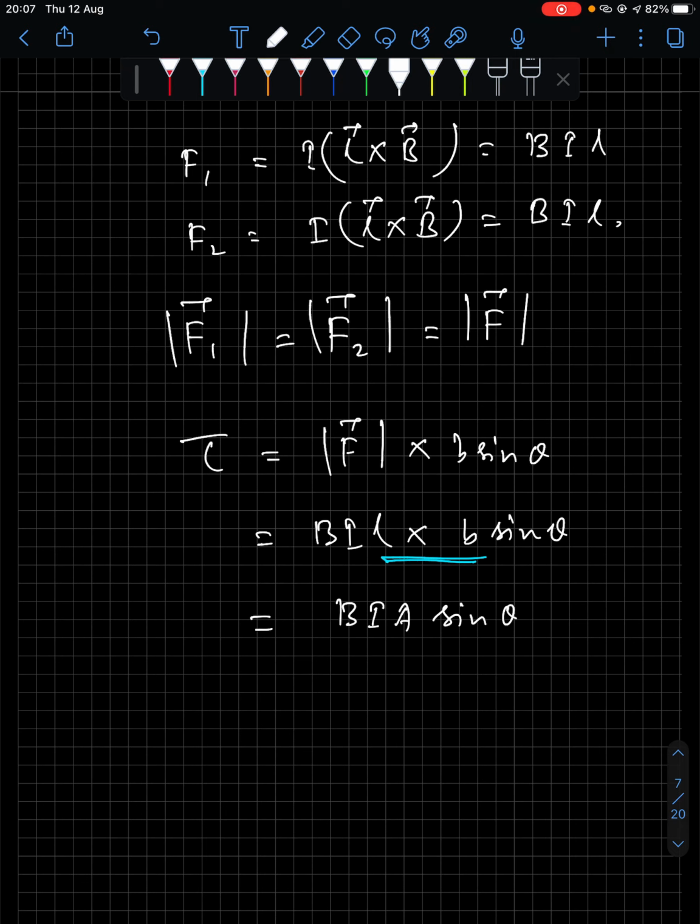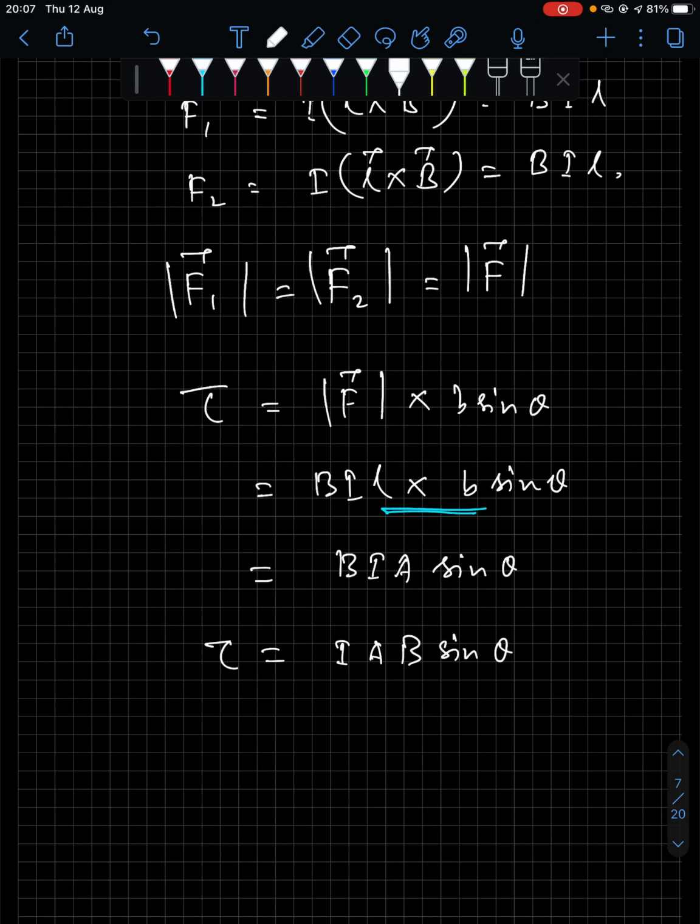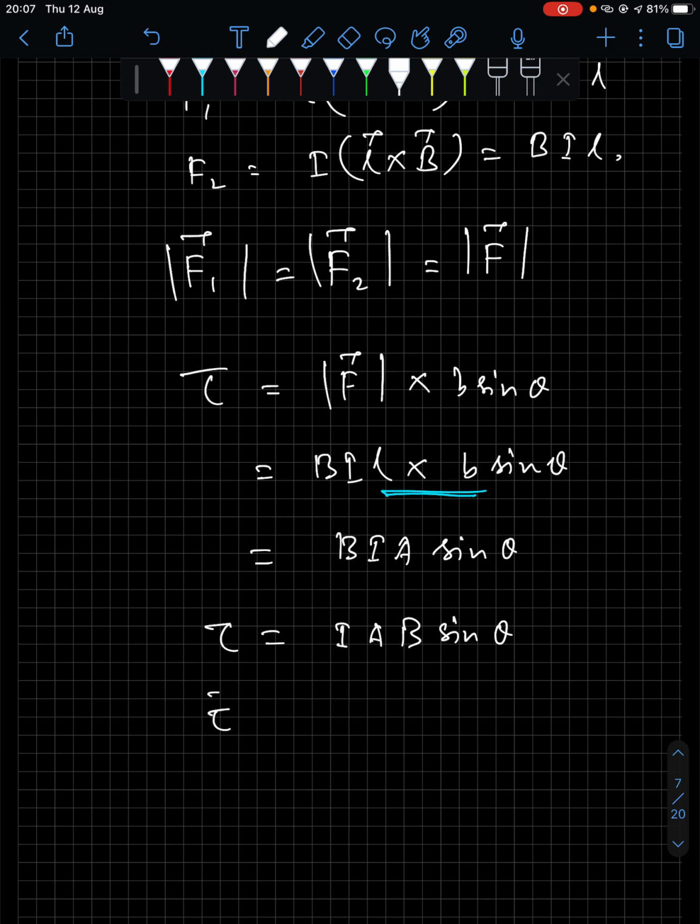Yes, BIA sin theta. Now this is in scalar form, or you can write IAB sin theta, as we have written in your PDF. Now in vector form, how do you write this? Area is a vector, B is also a vector.